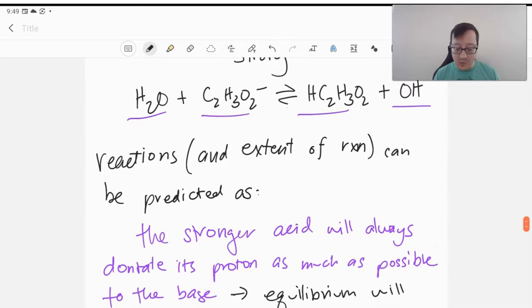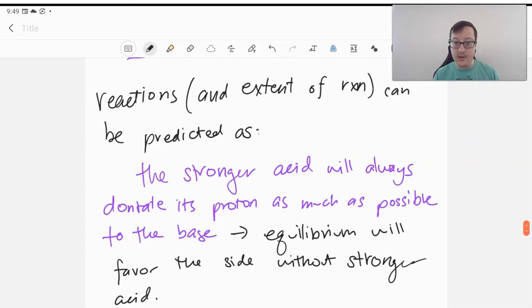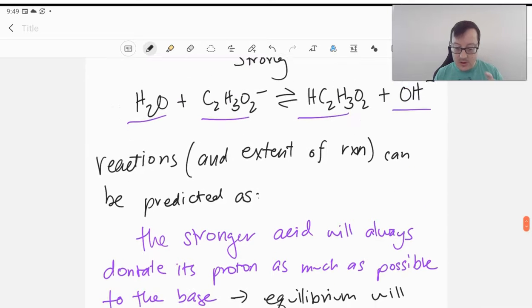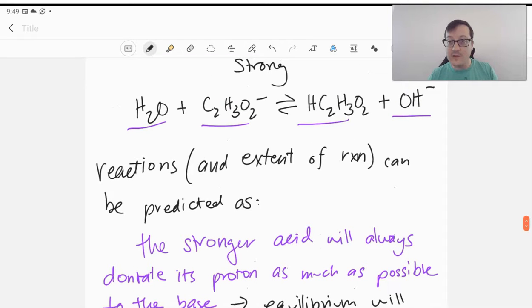So we can say, qualitatively speaking, predicting this reaction, that if we take a look at all of these molecules, the strongest acid here is going to be acetic acid, right? We have water, acetate, acetic acid, hydroxide. Acetate and hydroxide are not acids at all. Water is a negligible acid.